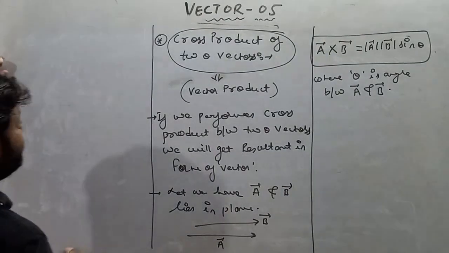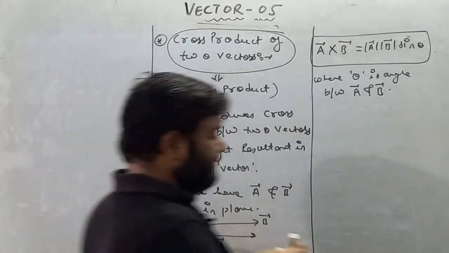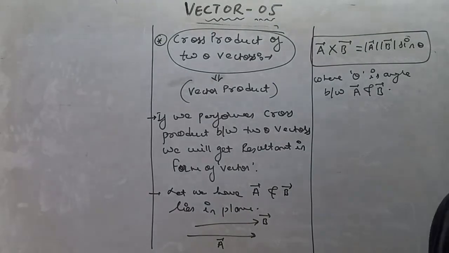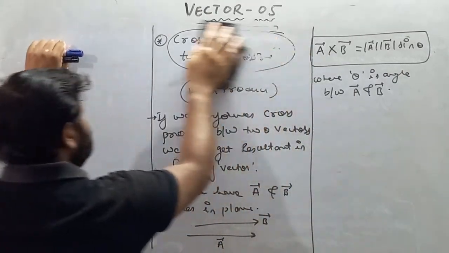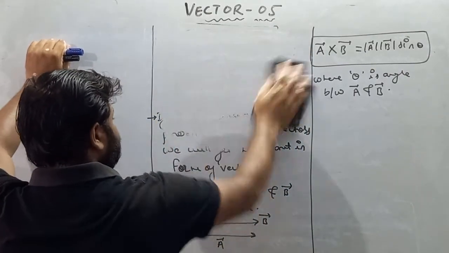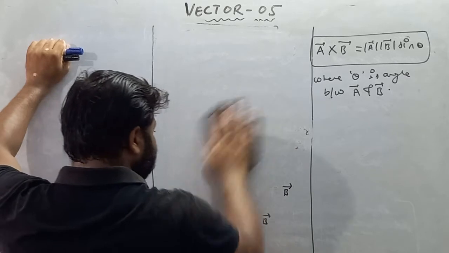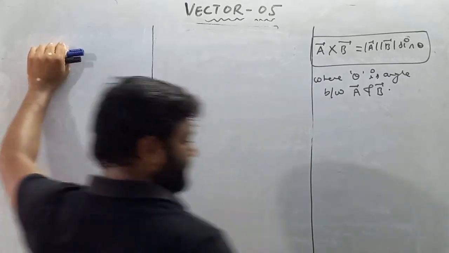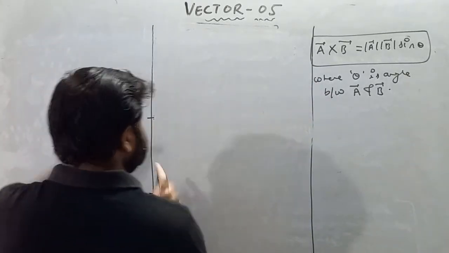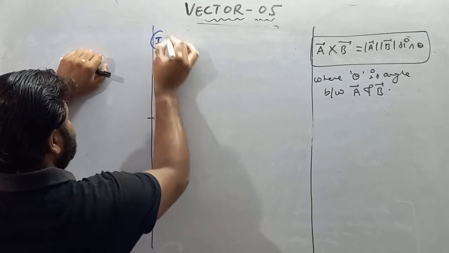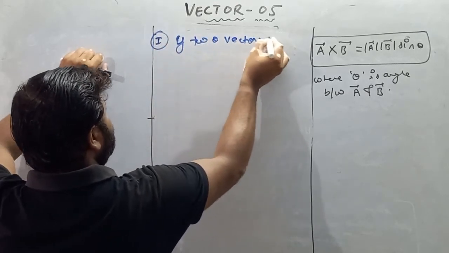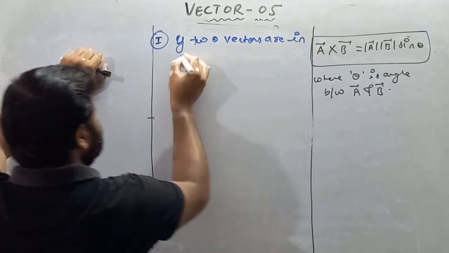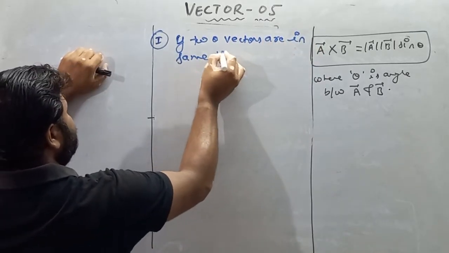Now see my dear students, we are dealing with special cases. Write down case one first: if two vectors are in the same direction.